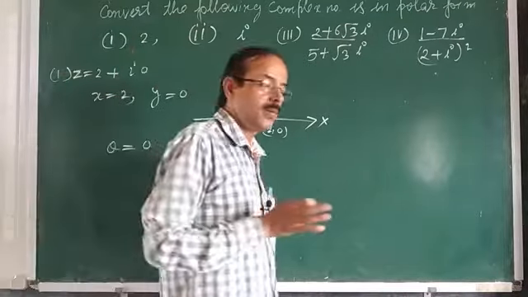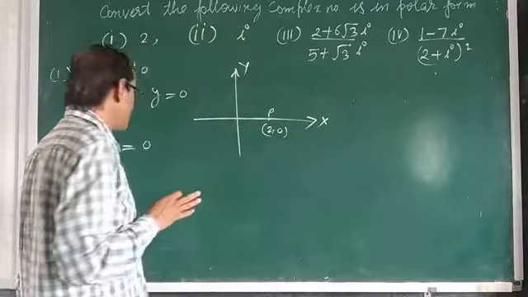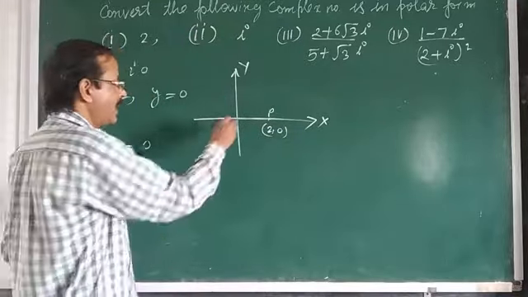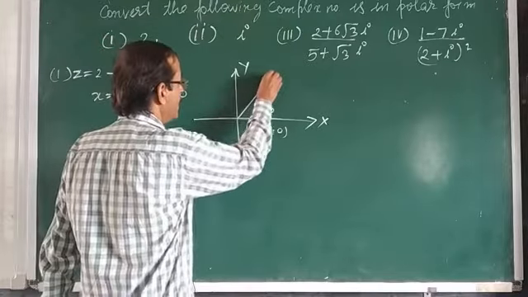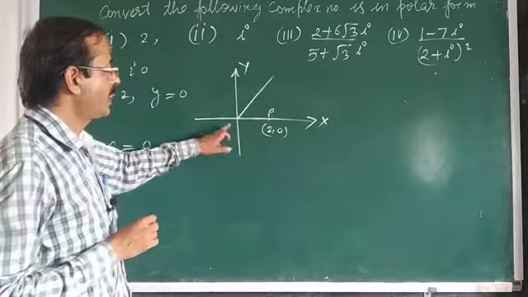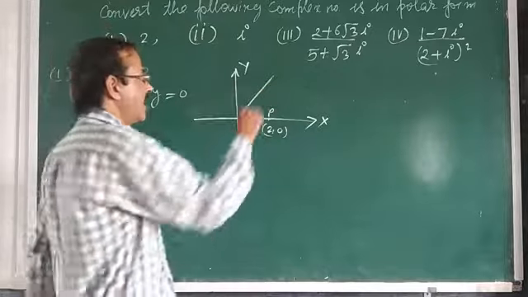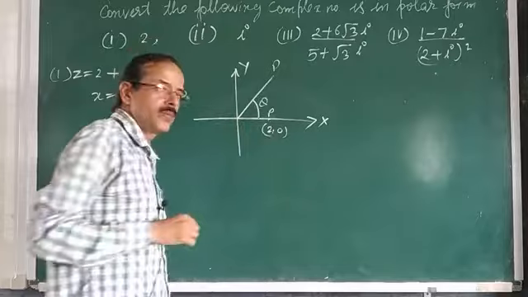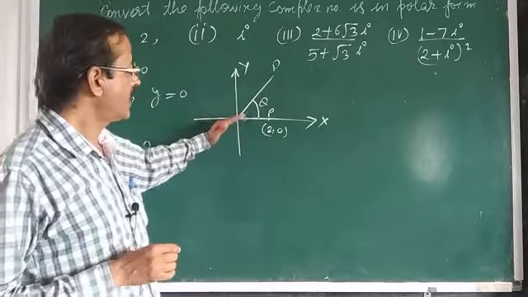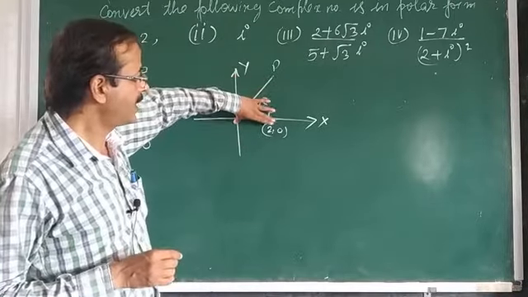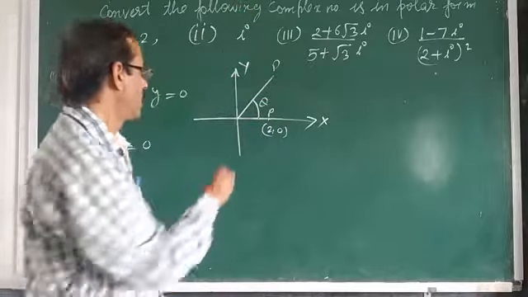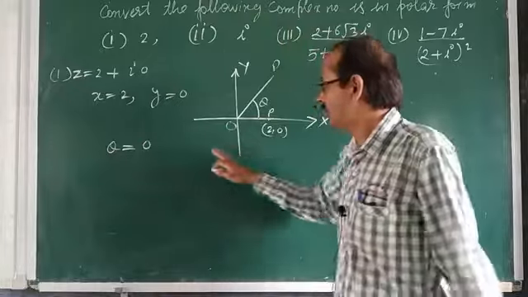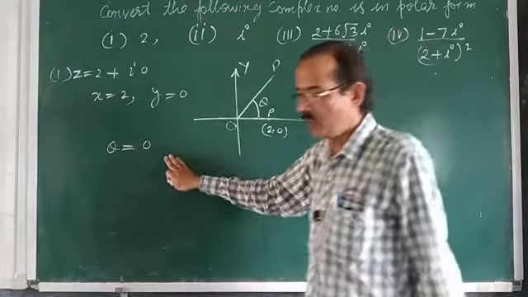Because the argument of a complex number, that is theta, is the angle between the line from the origin to the point and the x-axis. Here this OP already lies along the x-axis, so there will be no angle; it will be 0.